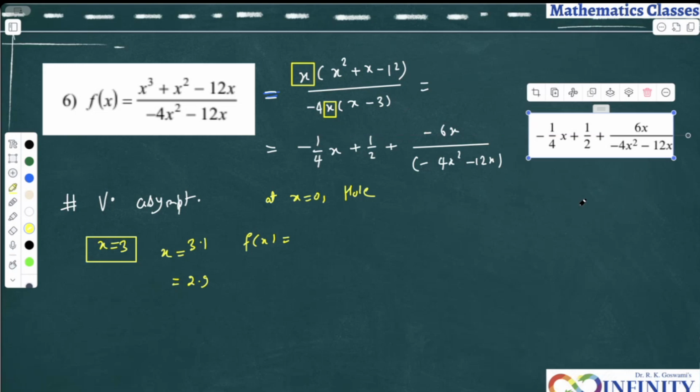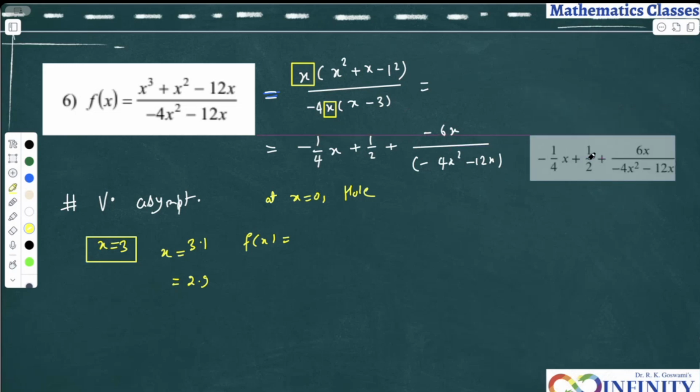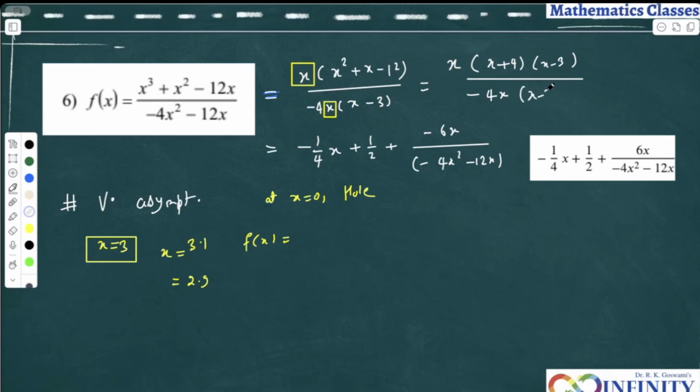Okay, let me just try to observe. Give me a second, please. I'm just going to further factorize the numerator. It is x times (x plus 4)(x minus 3), divided by what you have, negative 4x, and it is x minus 3 there. I'm asking you to plug the value 3.1.